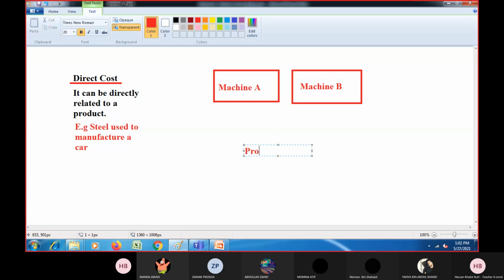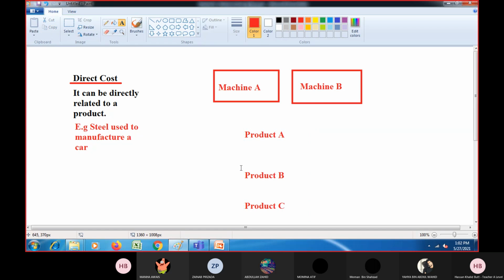Now there are, let's say, three different products which are produced by the business: product A, then product B, and then we have product C, right? So there are three products which are produced using these machines. Now, product A is produced using machine A, right?